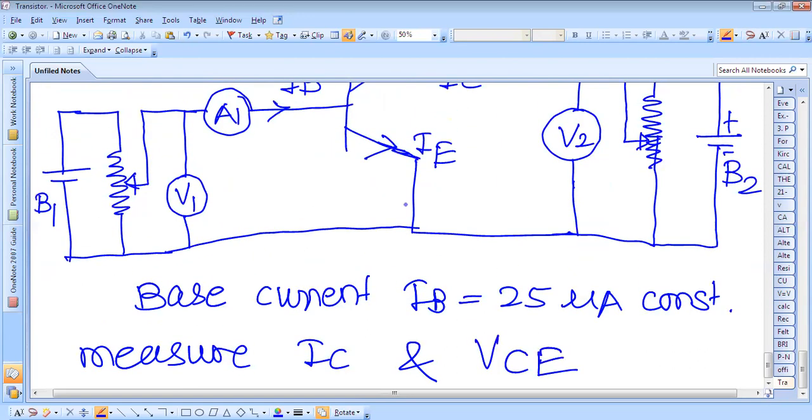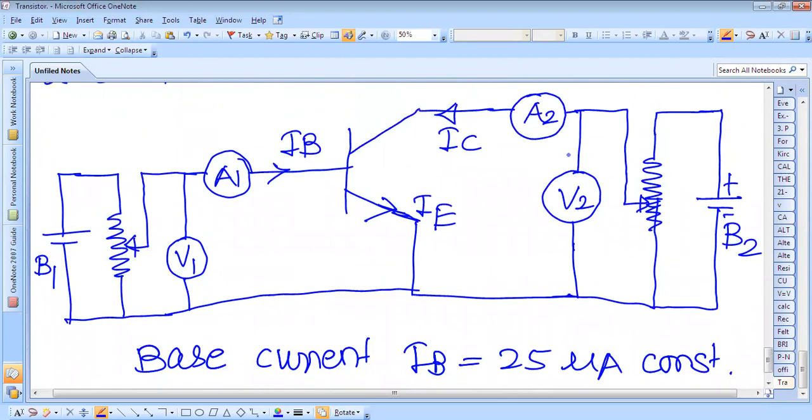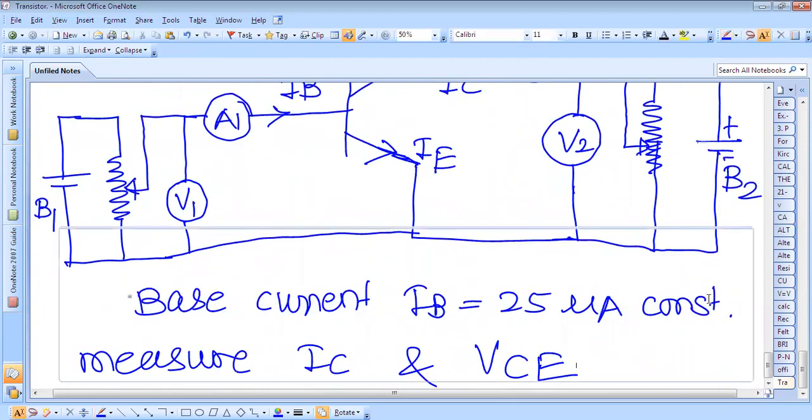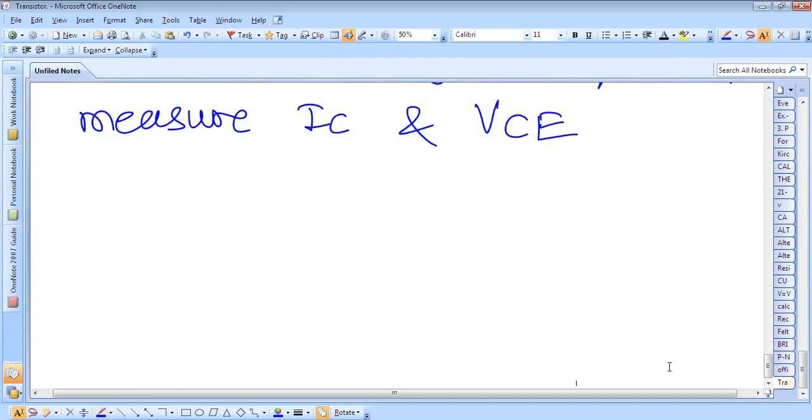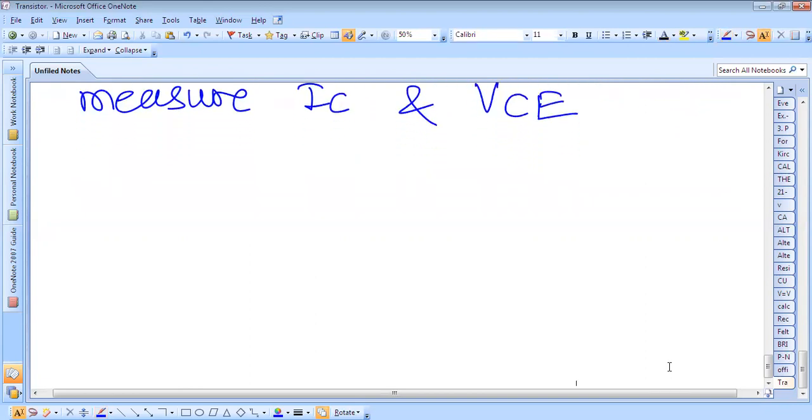We measure the collector to emitter voltage by this voltmeter, and we can measure the collector current through this ammeter, keeping this base current constant.